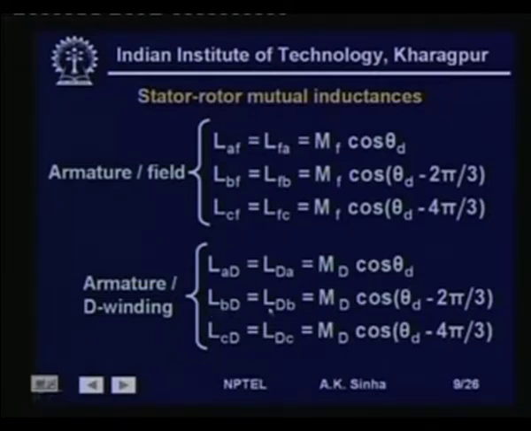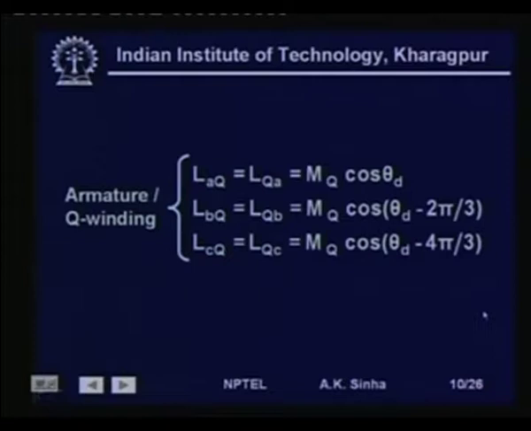Similarly, LBD is equal to LDB is equal to MD into cos theta d minus 120 degrees. LCD is equal to LDC is equal to MD into cos theta d minus 240 degrees. And finally, the mutual inductance between armature coils and the Q winding, this again will be given by the same relationship.